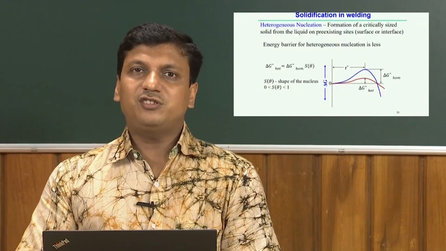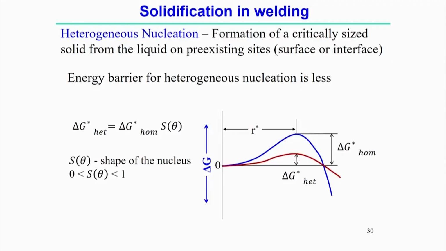Now, heterogeneous nucleation is also the formation of a critically sized solid from the liquid, but that formation of the critically sized nucleus happens at pre-existing sites, in the presence of any surface or interface.